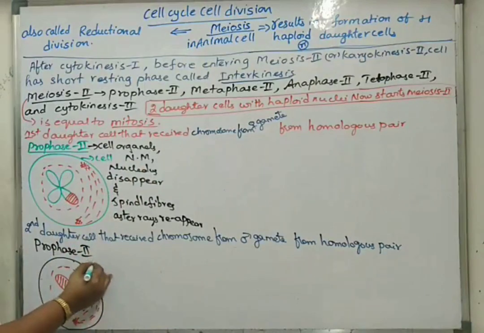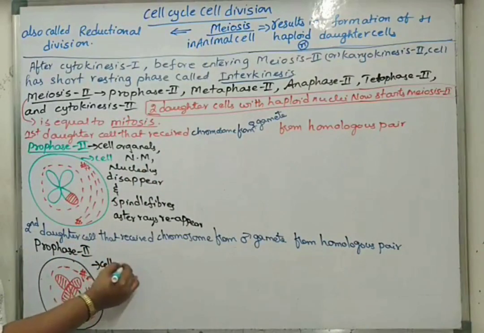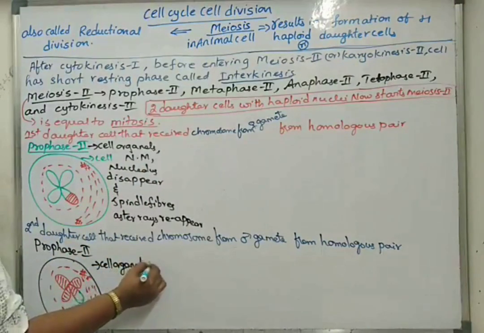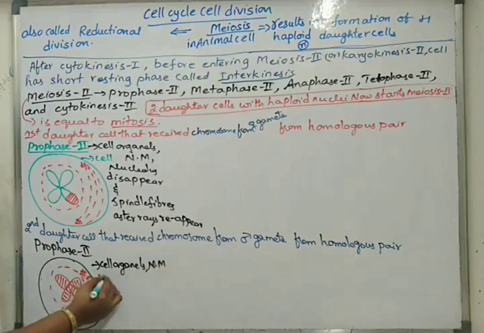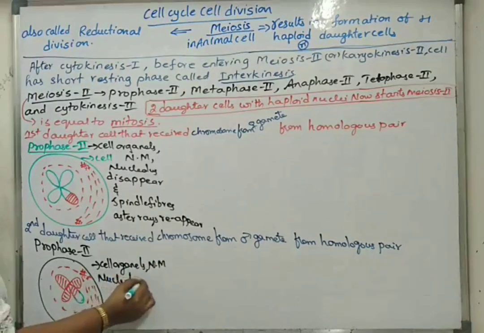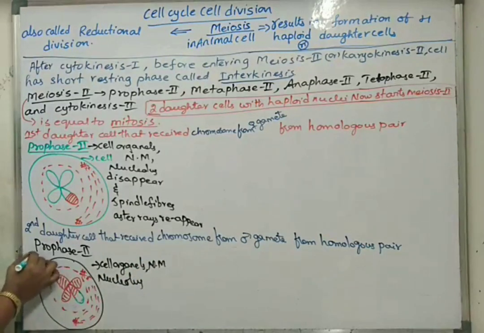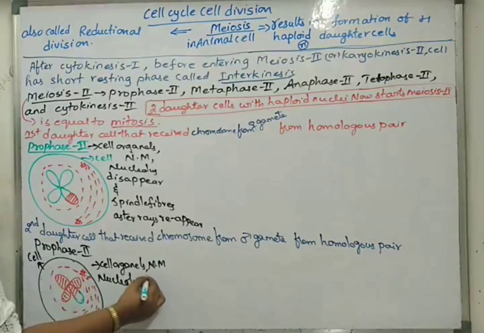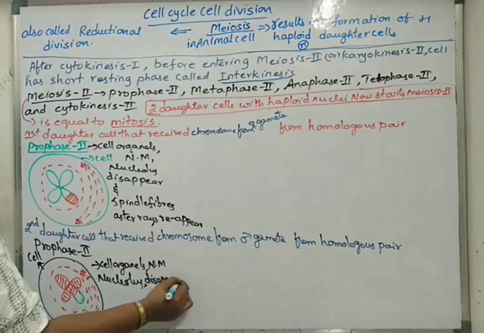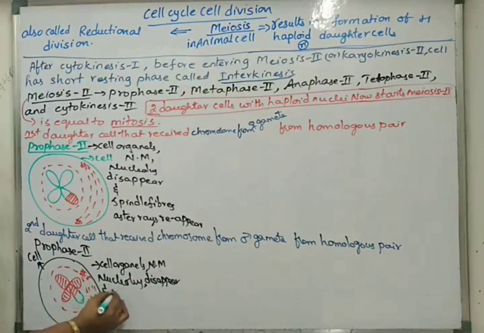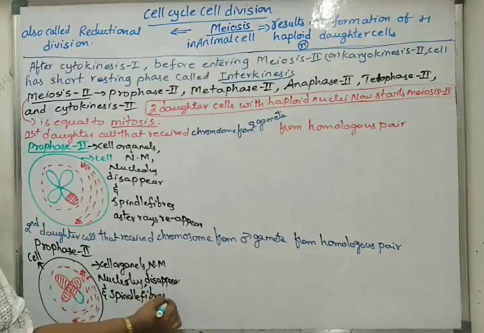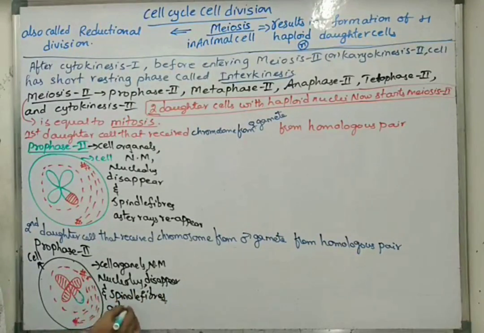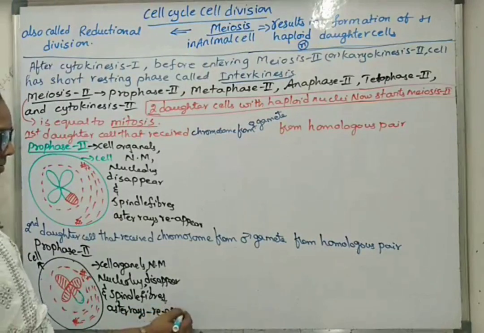Here also the same thing: cell organelles, nuclear membrane, nucleolus disappear, and spindle fibers and aster rays reappear.